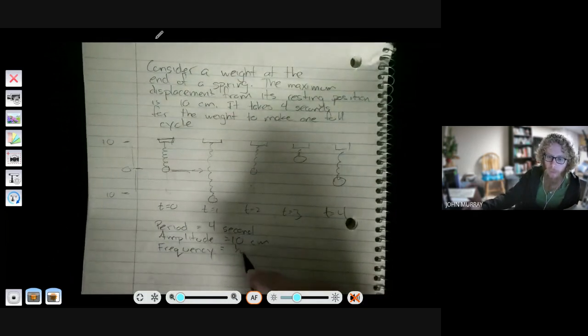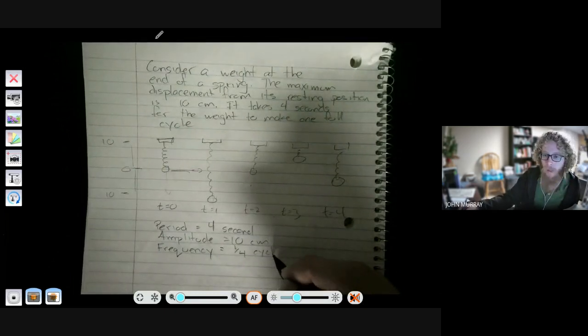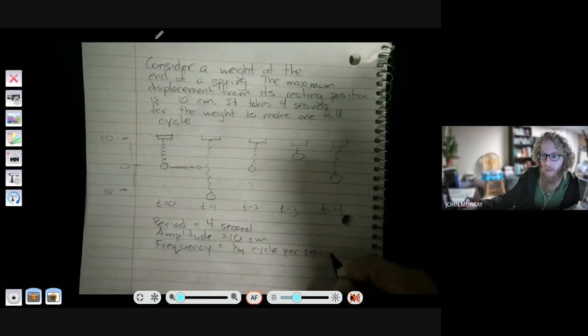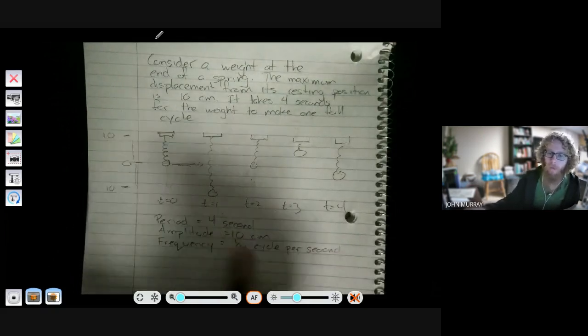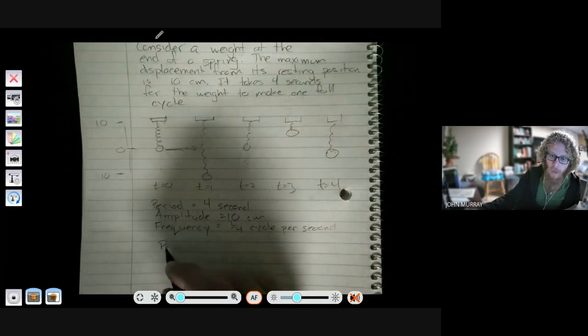So my frequency, we would say, is 1/4 cycle per second. Now you may notice the close relationship there.